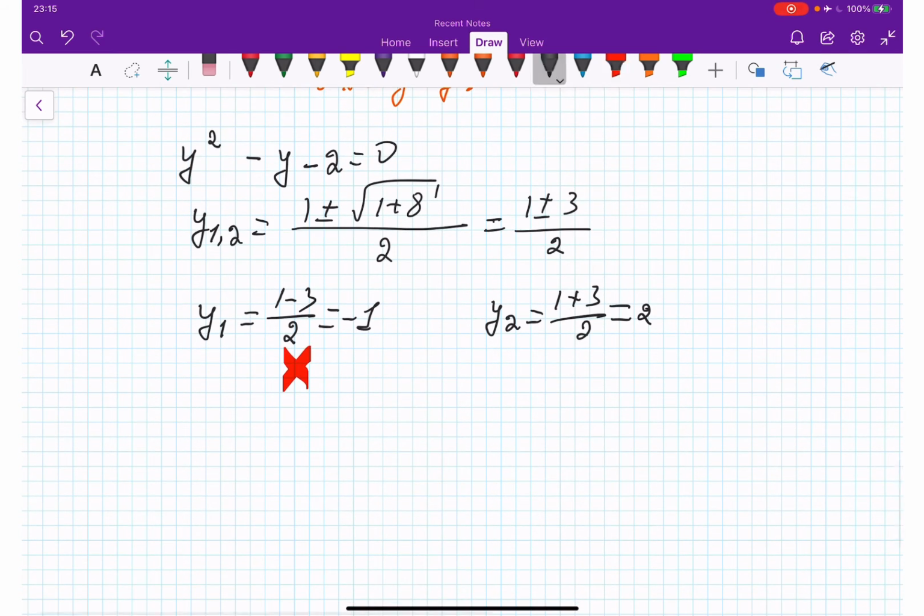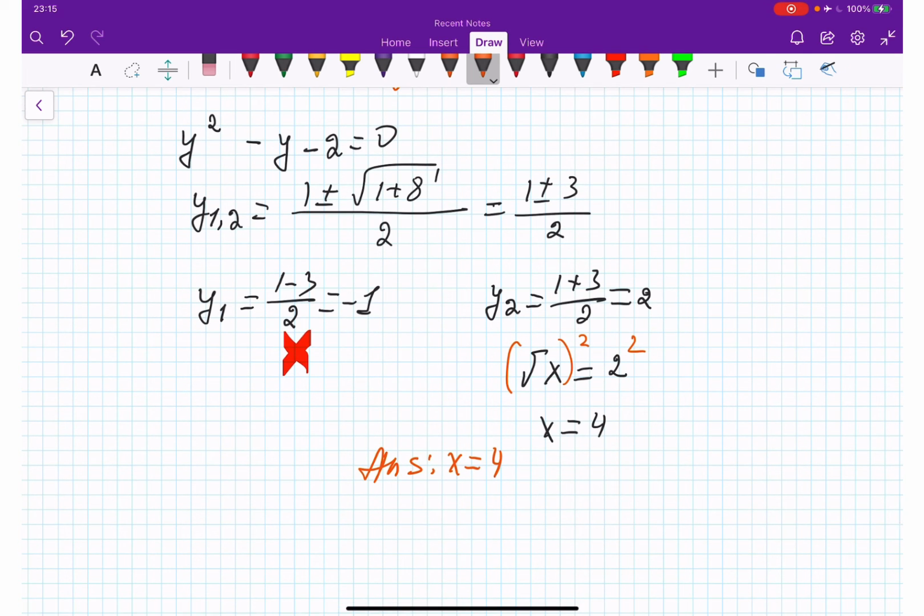And we can have only square root of x is equal 2, and from here, when we raise to power 2, our solution is going to be x is equal 4. And this is going to be our answer. Okay, next problem.